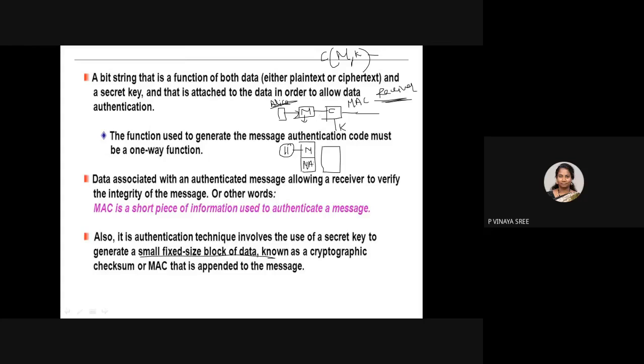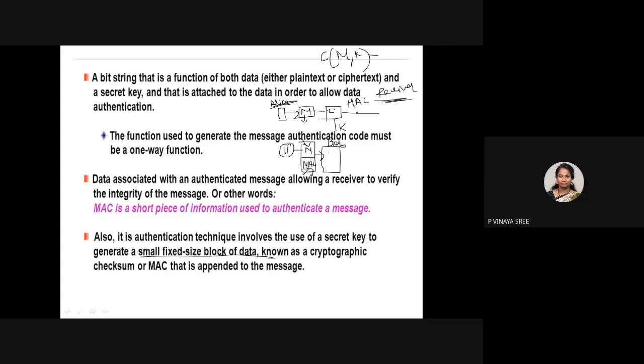The message that Alice wants to send to Bob is, "Hi, hello, how are you?" For this message, this is your fixed size length called MAC. This will be sent to the receiver, Bob. Try to understand.